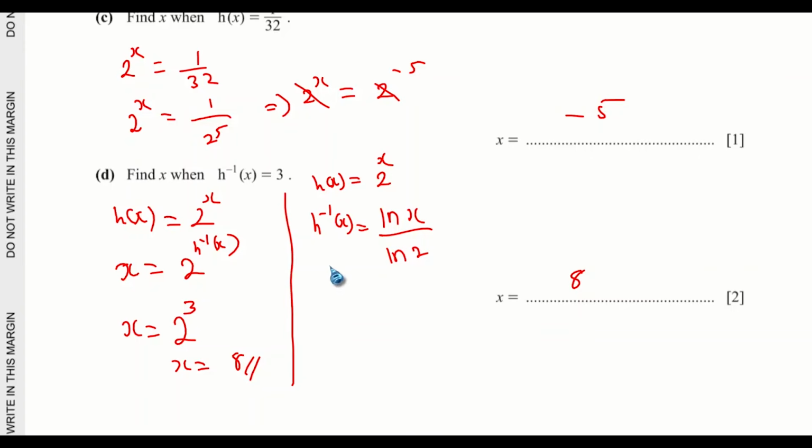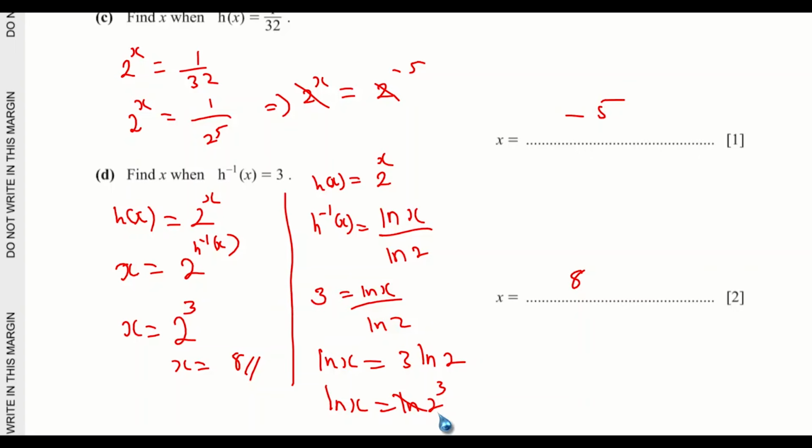So we can say h inverse of x is giving us 3, which is equal to ln x over ln 2. So let's cross multiply. If you cross multiply, you have ln x equal to 3 times ln 2, which you can write as ln x equal to ln 2 to the power of 3.